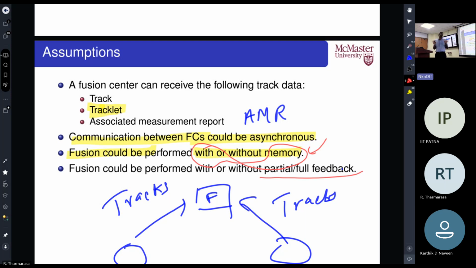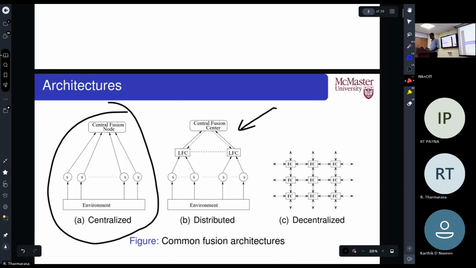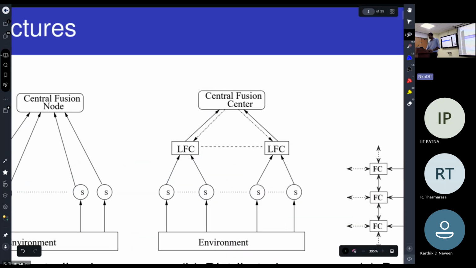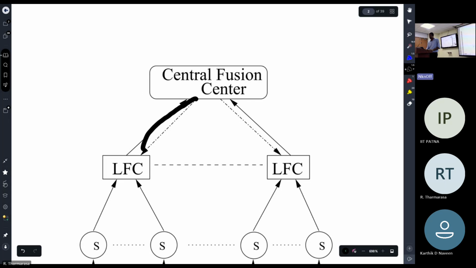Usually I hate feedback. Okay, I don't want feedback. Feedback means this. In this figure, if you zoom in, there's a dotted line, right? This is the feedback. This is the feedback part.